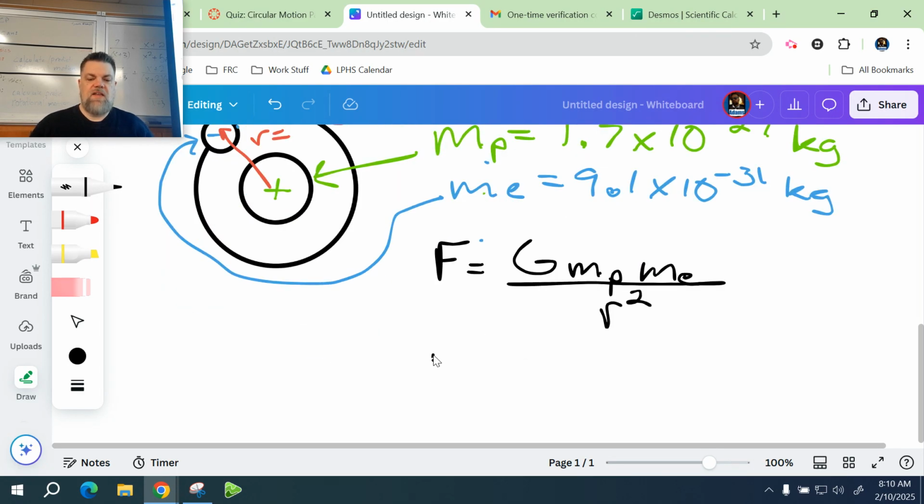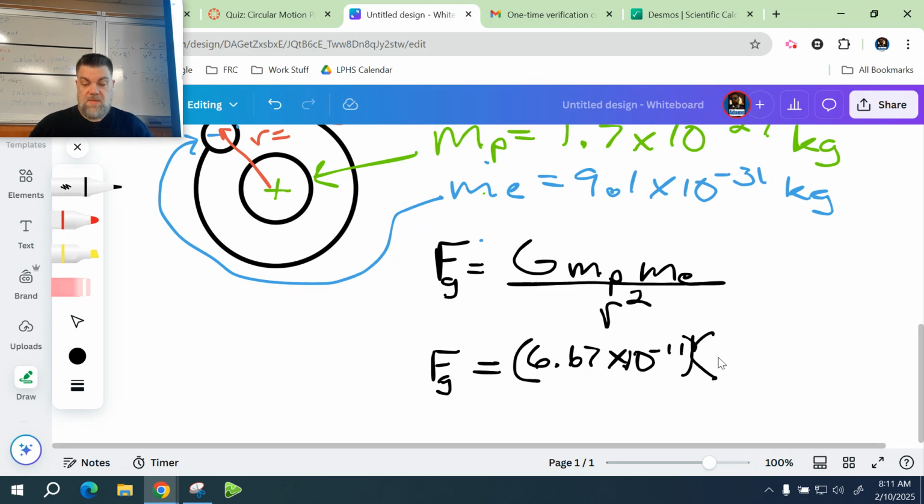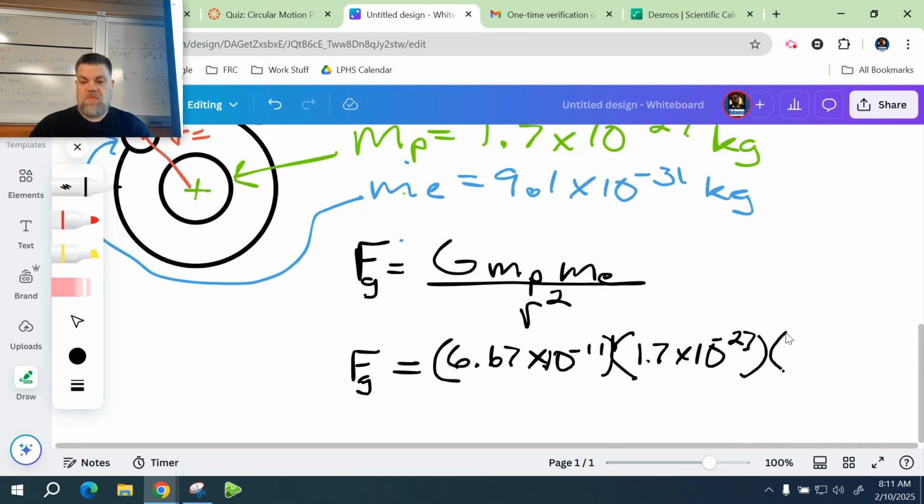So then my gravitational force, and sometimes you'll see it in textbooks like this, force due to gravity, with the little subscript G. This is going to be that same constant, 6.67 times 10 to the negative 11, times the mass of the first item, which is the proton, 1.7 times 10 to the negative 27, times the mass of the electron, which is 9.1 times 10 to the negative 31, sorry.